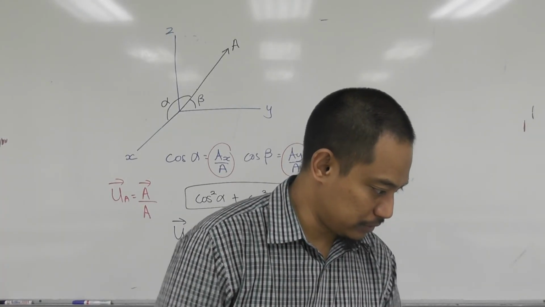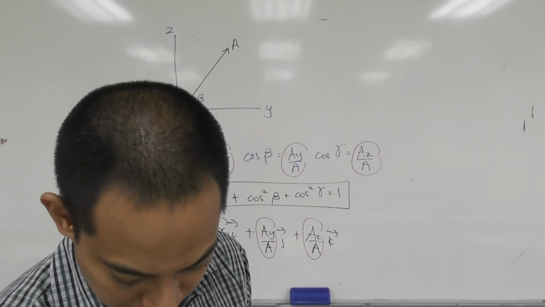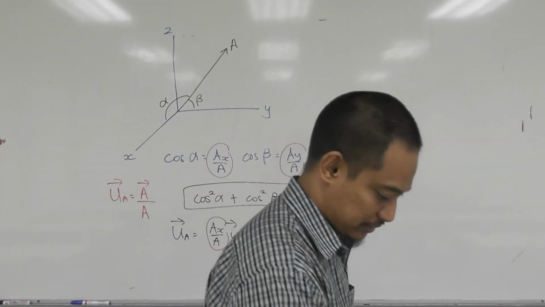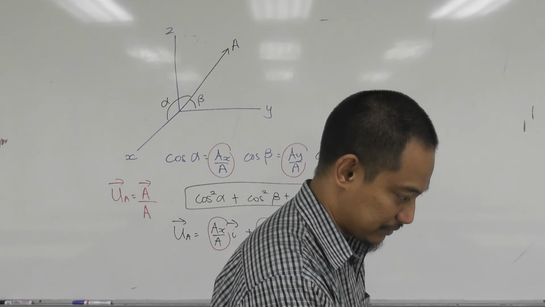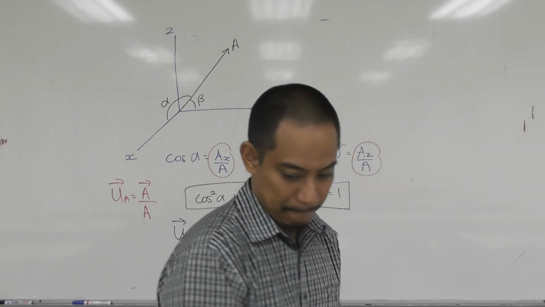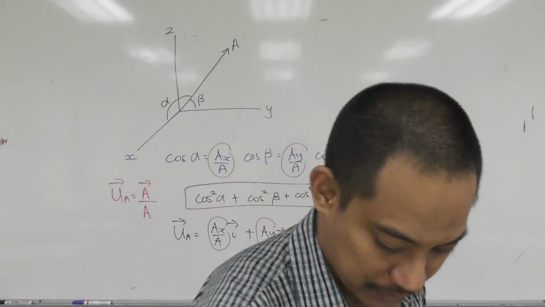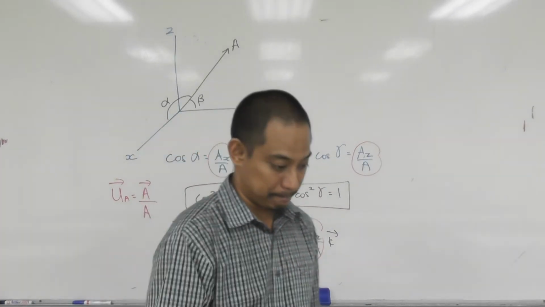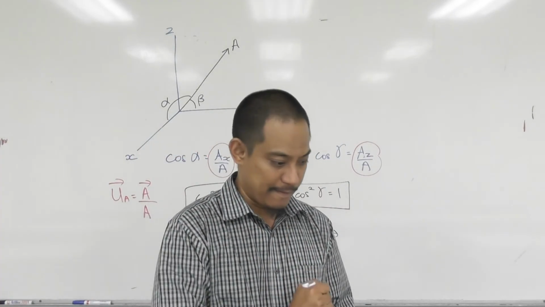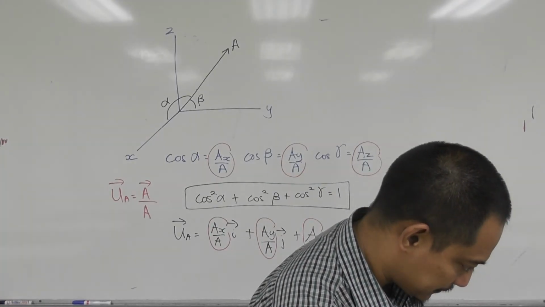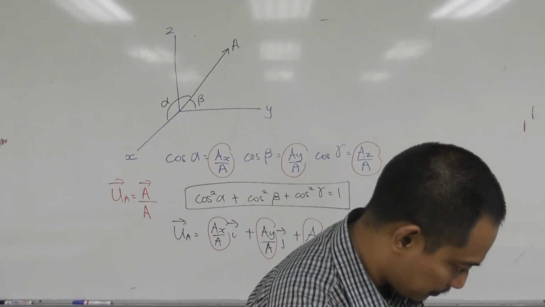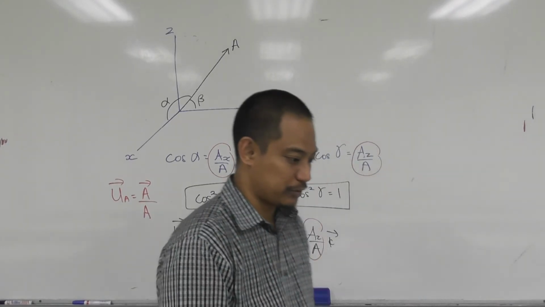Alright, so we are just about to enter section 2.6, how to add Cartesian vectors. However, it is already almost 7 p.m. So how many more to go? 2.9.